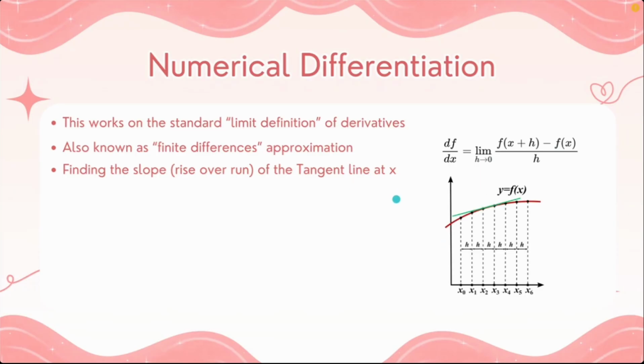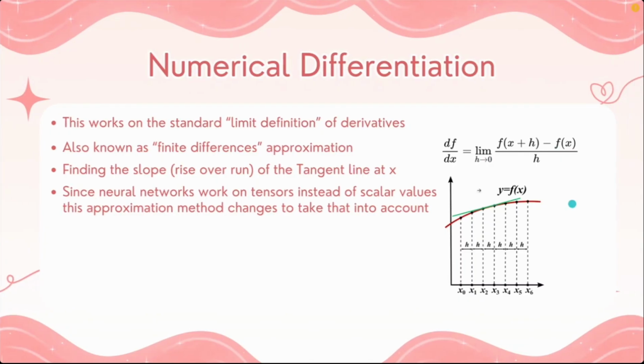But in reality, in neural networks, you're working on tensors and not scalars as such. There are a few changes that you have to make to the function. We won't get into that, because even after that, numerical differentiation is not something that is in the frameworks.